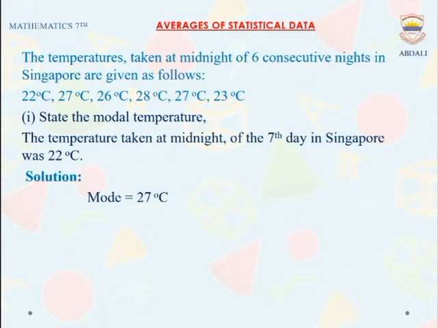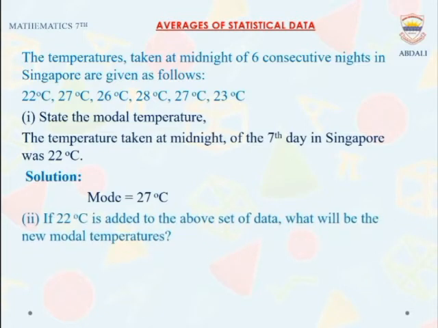That's why it is the modal temperature, because mod represents the value which occurs most often, which means the most repeating value. So 27 is repeated 2 times in the 6 consecutive nights' temperature. That's why 27 is the modal temperature here.